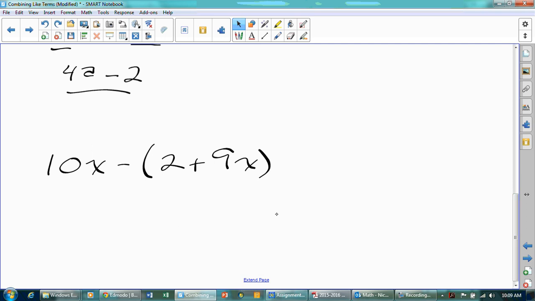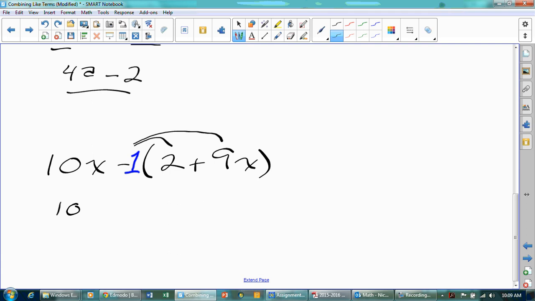Okay, the last actual example. We have to distribute. There's a negative in front of the parentheses. We don't see a number, so we assume there's a 1 there. And so we distribute the negative 1.